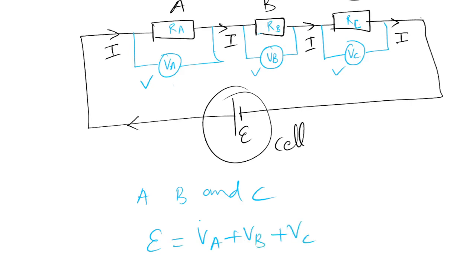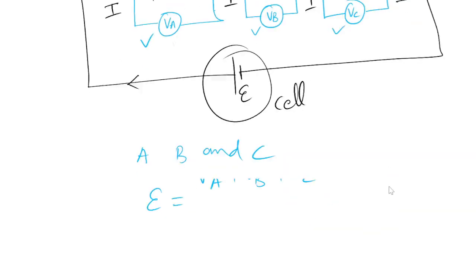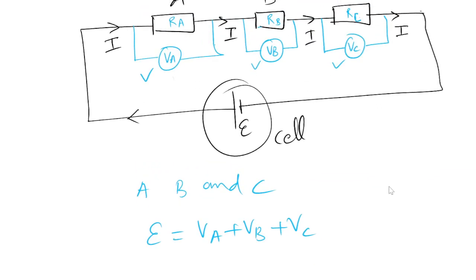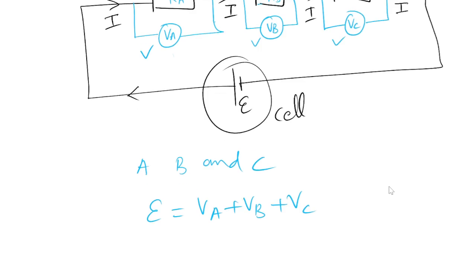It means the combined voltage across A, B and C is going to be equal to epsilon. Now, when I say the voltage is equal to epsilon, I'm assuming that the internal resistance of this cell is 0. And if you don't know what internal resistance is, don't worry about that. We can discuss it later in another video.